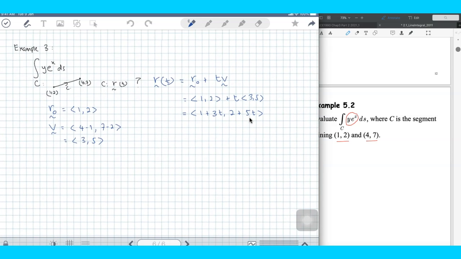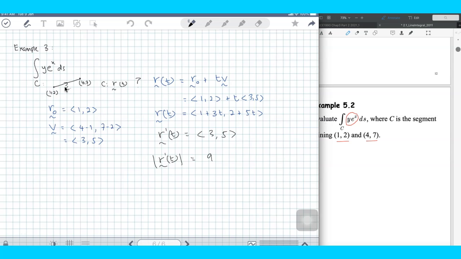So we already obtained the vector function of this line or this curve. This is the r(t) that we are looking for. Now we want to find the speed, which means you have to differentiate, and this will give you <3, 5>, and then find its magnitude.